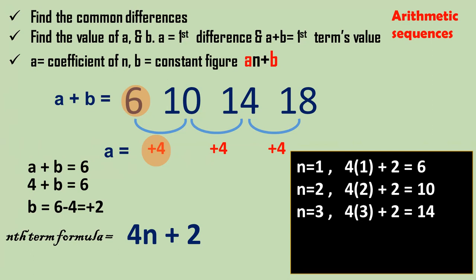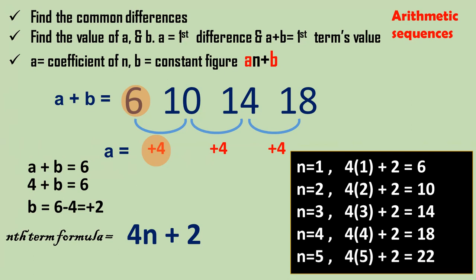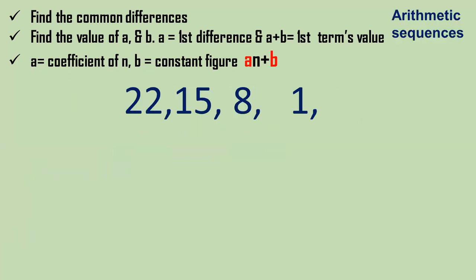In the same way, 3 will produce 14, and if we substitute 4, it produces 18. If I substitute 5, 5 multiplied by 4 is 20, plus 2 is 22, and this is my fifth term value. So we can find any term value by using the nth term formula.